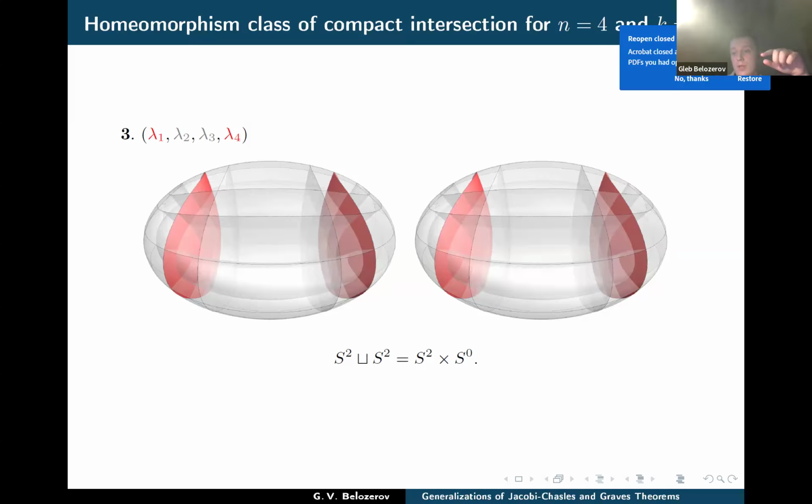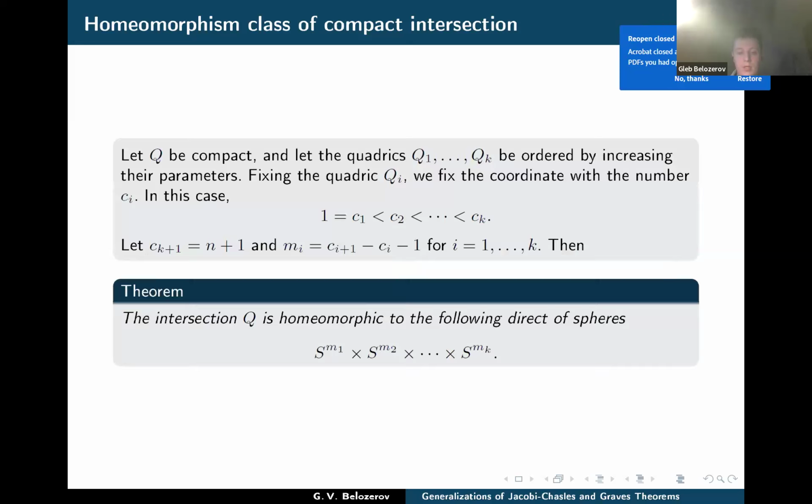That is, a two-dimensional sphere multiplied by a zero-dimensional sphere. So in each of these examples, we obtain direct products of spheres, and it turns out that it is true for an arbitrary intersection of several confocal quadrics. If the intersection of confocal quadrics is compact, then it is homeomorphic to the direct product of spheres, M1 through Mk.